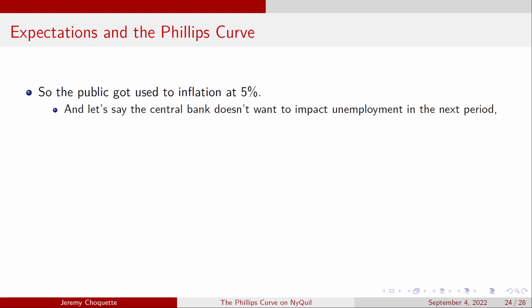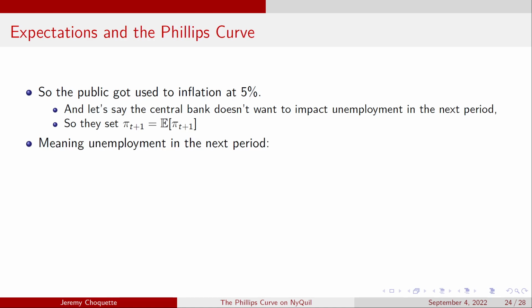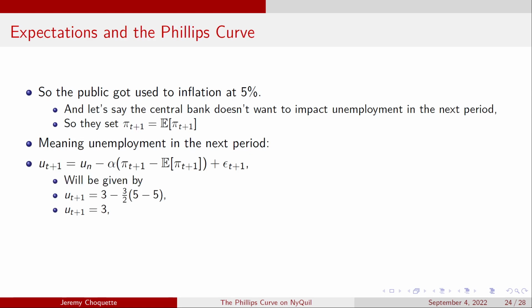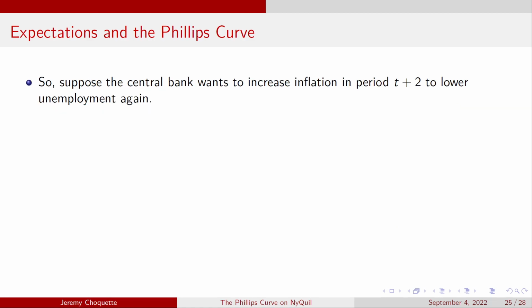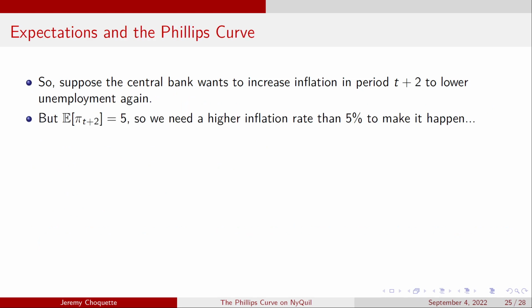Let's say the central bank doesn't want to impact unemployment in the next period. So actual inflation is set to expected inflation, meaning unemployment in the next period is 3%. So we have unemployment of 3% and inflation at 5%. If the central bank wants to reduce unemployment tomorrow below 3%, they have to increase inflation to be above 5%. So suppose the central bank wants to increase inflation in period T plus 2 to lower unemployment again.